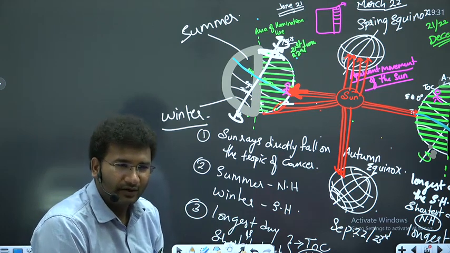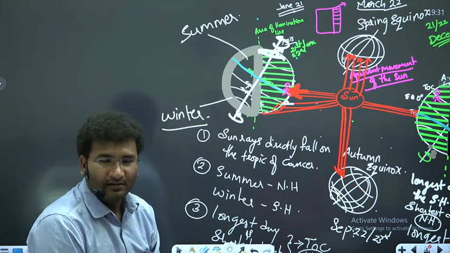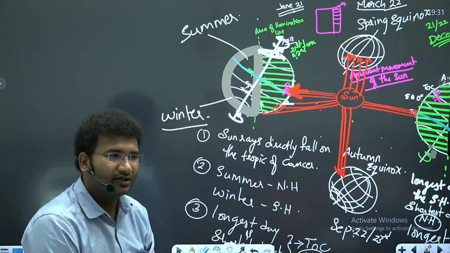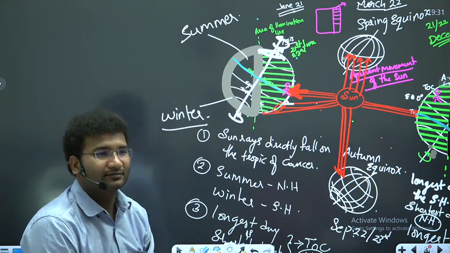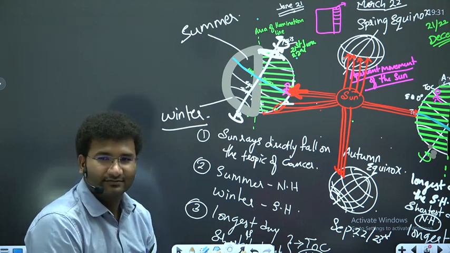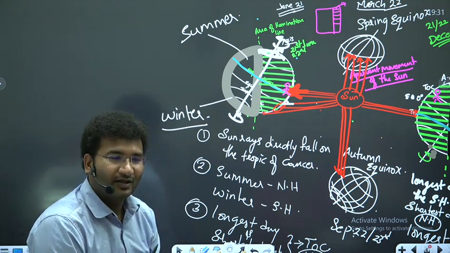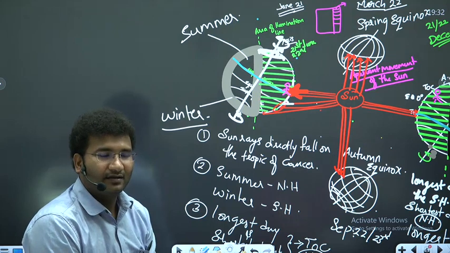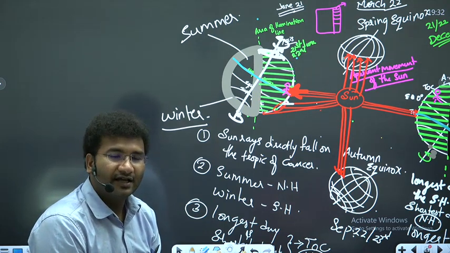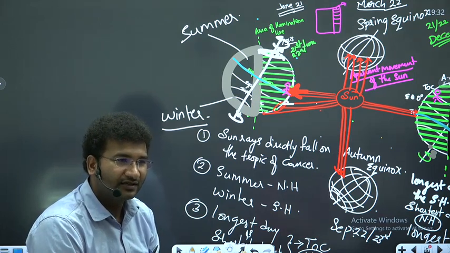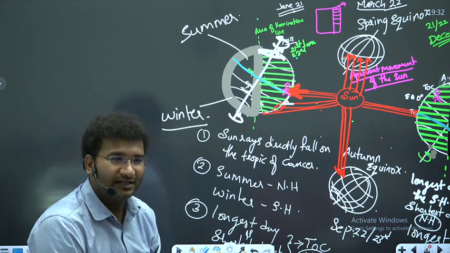But one more question. Do you find fishes near the North Pole during the times of winter? Fishes have special proteins. They are called AFP, anti-freezing proteins. Even below freezing temperatures, they can survive.